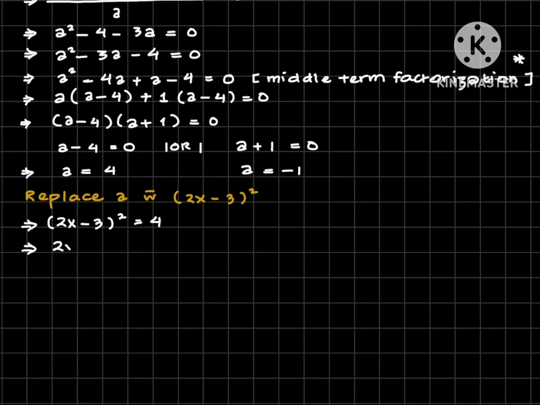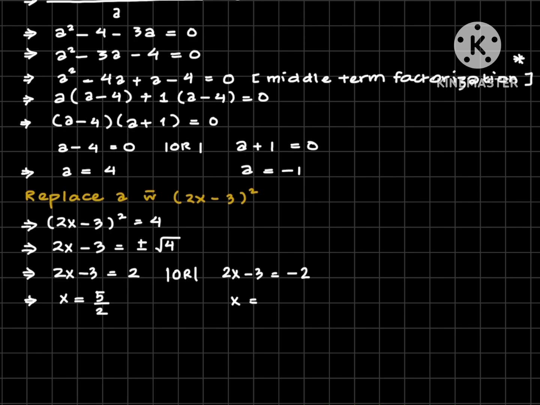We can take a square root on both sides, and we get 2x - 3 = ±√4. That would imply that 2x - 3 = +2, or 2x - 3 = -2. So x = 5/2, or x = 1/2.